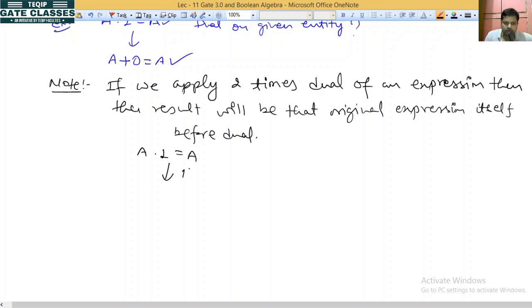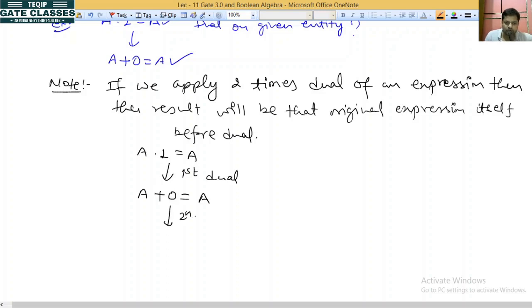I am going to apply dual 2 times. The first dual I am going to apply here, so it will be a or with 0 is equal to a, because AND will be replaced by OR and 1 will be replaced by 0.